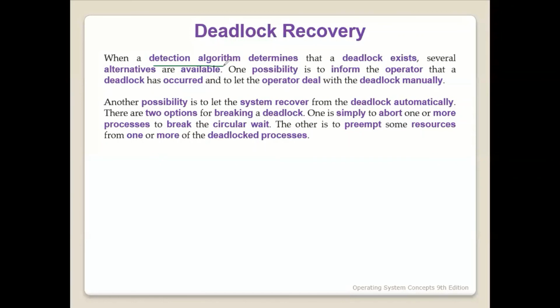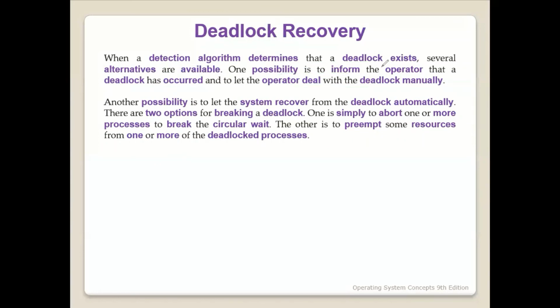For detection, when a detection algorithm determines that the deadlock exists, several alternatives are available. What does that mean? One possibility is to inform the operator that the deadlock has occurred and let the operator deal with the deadlock manually. This is one way to recover from the deadlock.